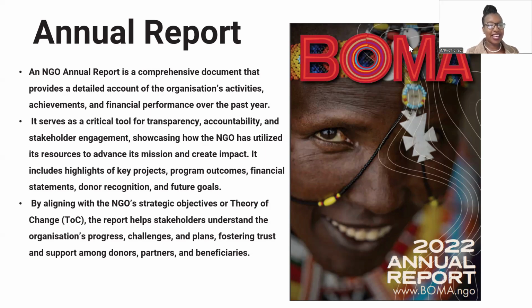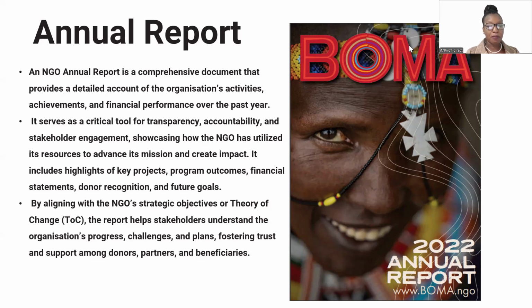In between that multi-annual plan, each and every year, you monitor the activities you've been able to do, the achievements you've had, and your financial performance every year. All that you're able to put into something called the annual plan.